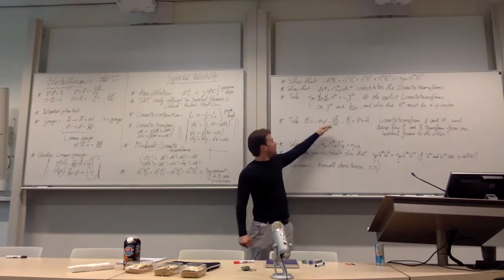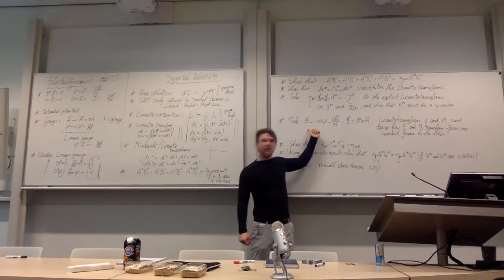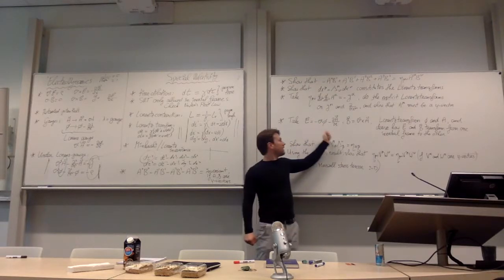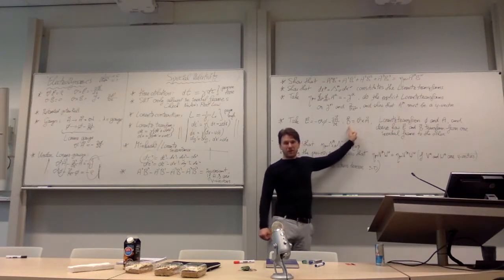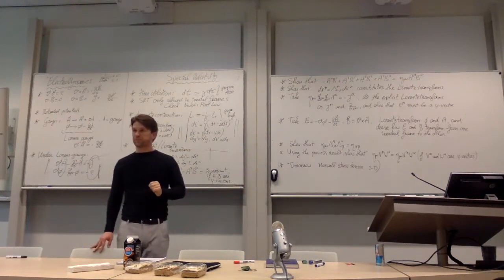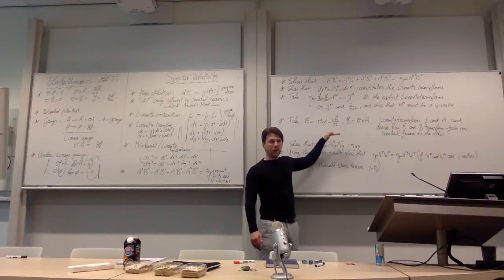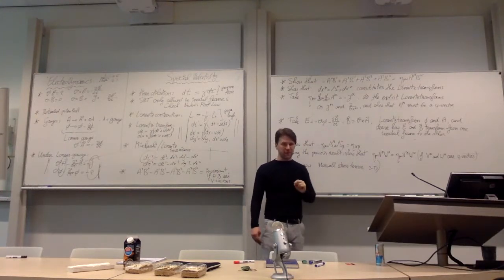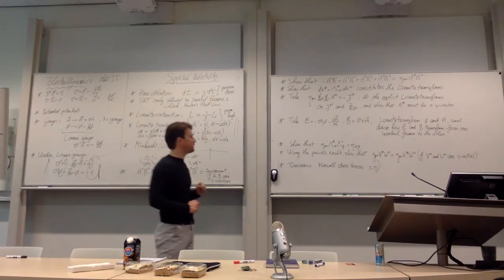But that means that if you Lorentz transform this equation, you should get back how the electric field in the other guy's coordinate system looks. And if you Lorentz transform this one, you should get back how the magnetic field in the other guy's frame looks like. And the question then is, what are these rules? How do they transform? We know how the A field and the phi field transform. How do the E fields and B fields transform?